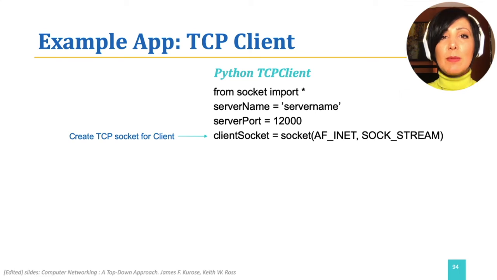Similar to the UDP socket creation, AF_INET is used to say IPv4 will be used for addressing. However, we see SOCK_STREAM instead of SOCK_DGRAM, which means that a connection-oriented byte stream will be used. That defines the socket as the TCP socket.